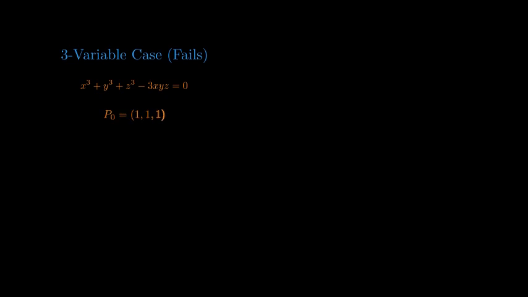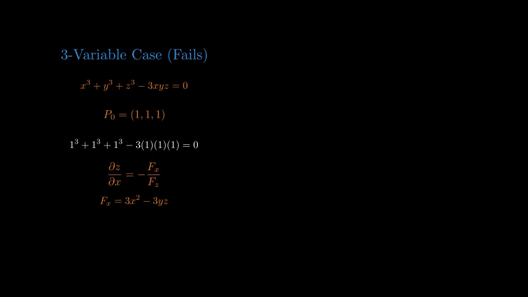First, let us verify that this point satisfies the equation, yielding 1 cubed plus 1 cubed plus 1 cubed minus 3 times 1 times 1 times 1, which equals 1 plus 1 plus 1 minus 3, or 0. We define our function f of x, y, and z as x cubed plus y cubed plus z cubed minus 3 times x times y times z.